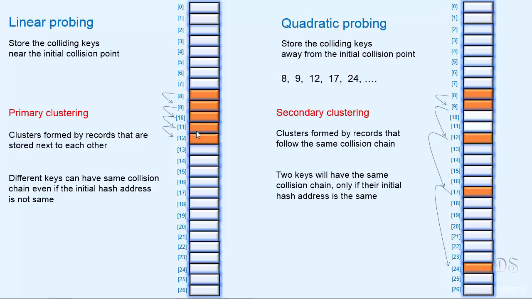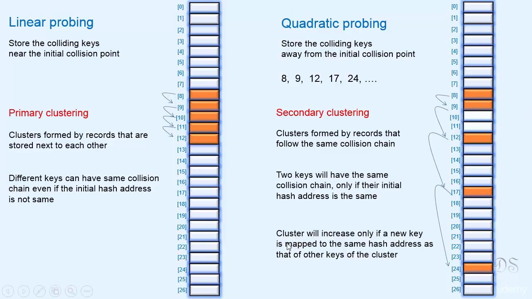Now here, keys mapped to these locations 8, 9, 10 or 11 are following the same collision chain. So the chances of this cluster getting bigger are more, since any key mapped to any location inside this cluster will be added to the cluster. And this cluster will increase in size only when a key is mapped to this initial hash address 8. So in secondary clustering, a cluster will increase only if a new key is mapped to the same hash address as that of the other keys of the cluster.